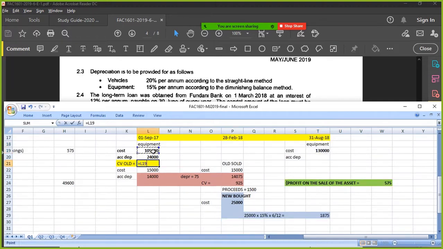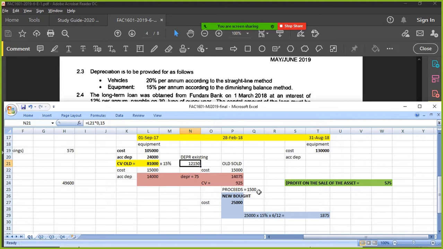All right, so 105 minus 24 gives you 81. Okay, did you hold that for the whole year? Yes, you did. So this is going to be times 15%. Carrying value times 15% for the whole year gives you depreciation for the existing.